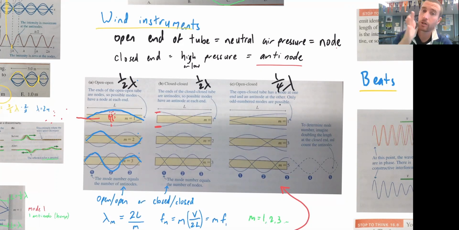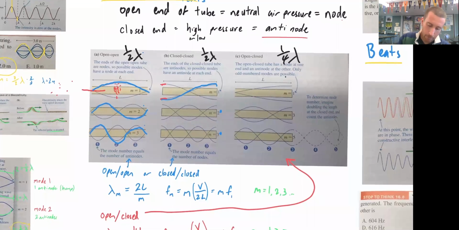If it's closed, then it's the same thing, but it's starting from the antinode position. So this is still half of a wavelength. It just doesn't show one full loop, right? One full bump. So this would still be half of a wavelength, two halves of a wavelength, three halves of a wavelength. So for those ones, I can use the same old equation.